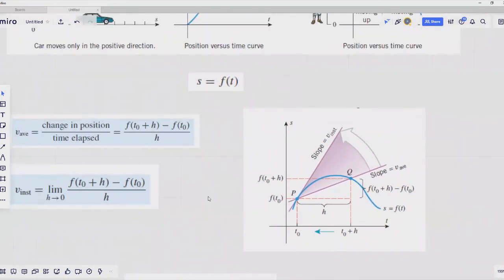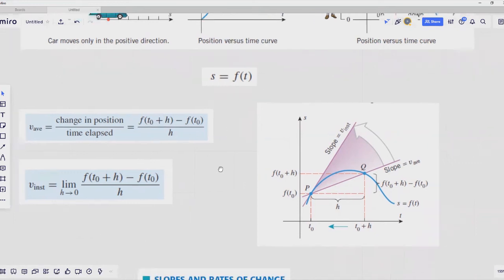So let's assume we are looking for the average velocity over the time interval from t0 to t0 plus h. Then average velocity is equal to f(t0 plus h) minus f(t0), divided by h, recalling that f(t) is a function of the position of our point.